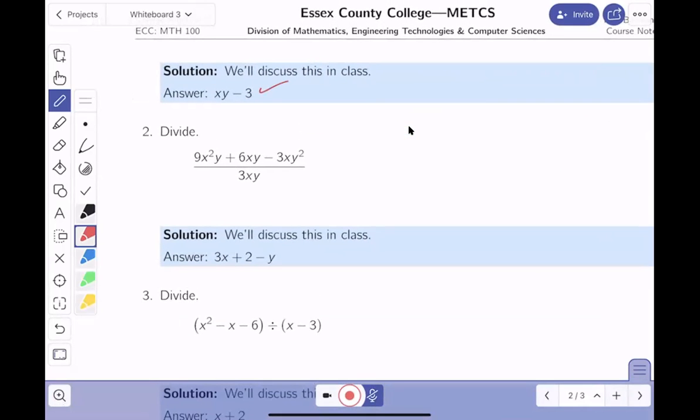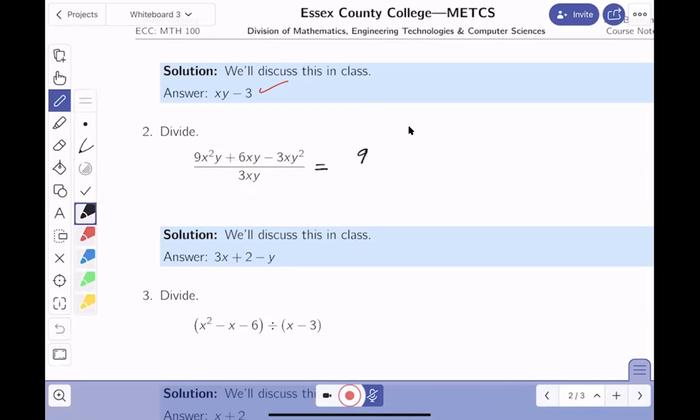Okay, let's do the next question. And again, if you can do this without doing any work, I have no objection. What I'm trying to encourage is, what is the work? It's a monomial divisor. What I need to do is divide each term on top by that monomial divisor, one term at a time.